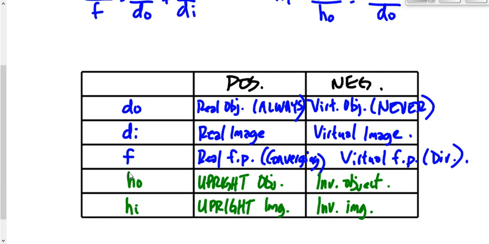If it was a virtual image, it was always right side up. So even though the sign of HI is based on whether it's right side up or upside down, you can also think of it in terms of real or virtual. If it's real, it's going to be upside down, and therefore HI will be negative. If it's virtual, it's going to be right side up, and therefore HI will be positive.